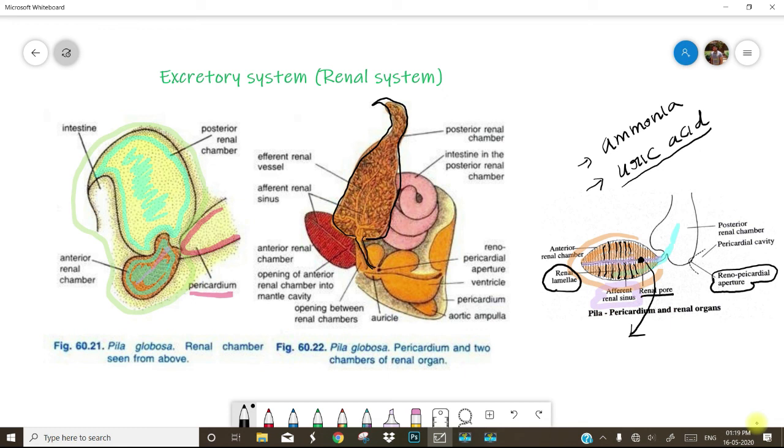When fully loaded with waste products, they detach themselves from the hepatopancreas and pass to the alimentary canal to be expelled out from the body of the organism. So the hepatopancreas also plays a minor role in excretion through a specialized kind of cells. That also you have to remember. So, that is all about the excretory system or the renal system.